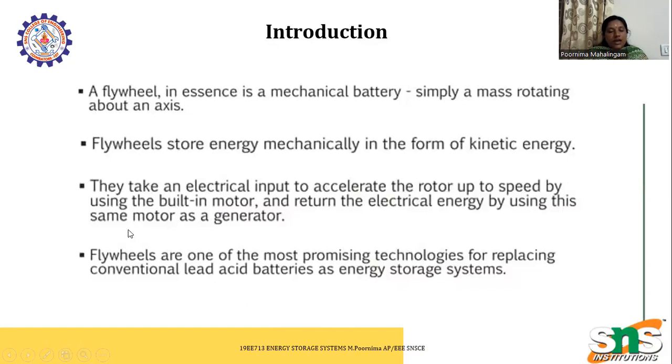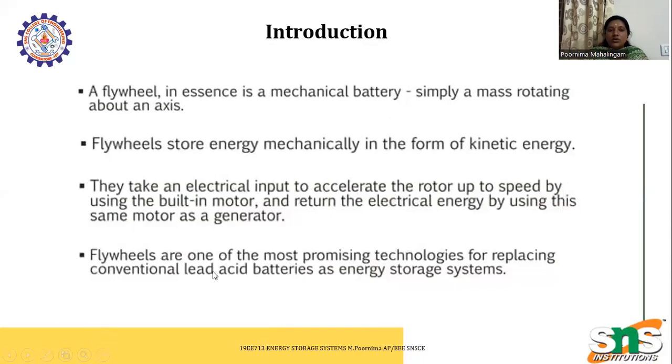Here we have a motor and generator setup. It gets electrical energy as input, stores it as mechanical energy, and again converts the mechanical energy to electrical energy. So we need a motor to convert electrical energy to mechanical energy, and a generator to convert mechanical energy to electrical energy.